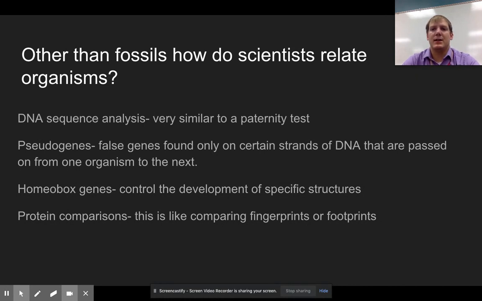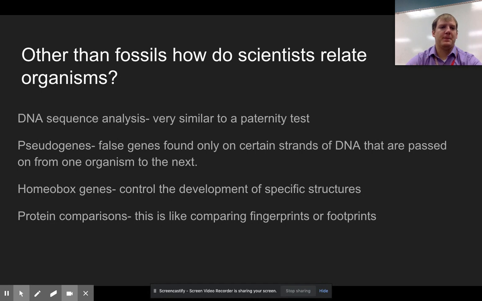The issue is that not all bone marrow survives to today. The DNA inside of it can die, and it makes it very difficult. DNA sequence analysis is very good for determining if they're related, but not always an option.